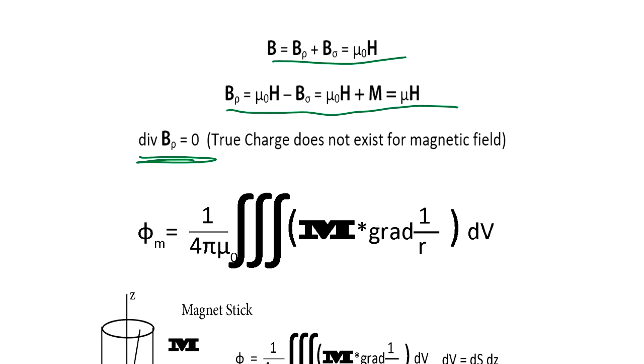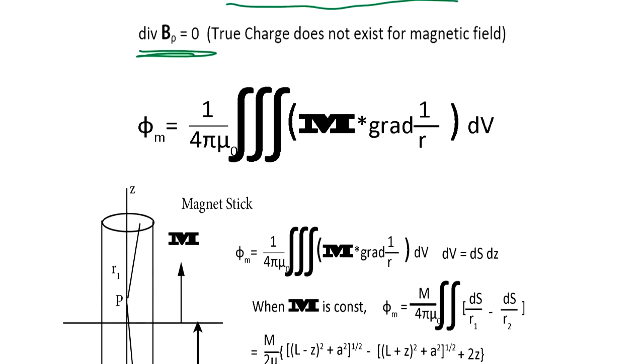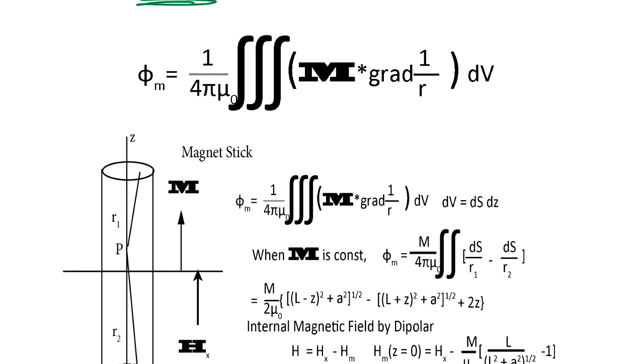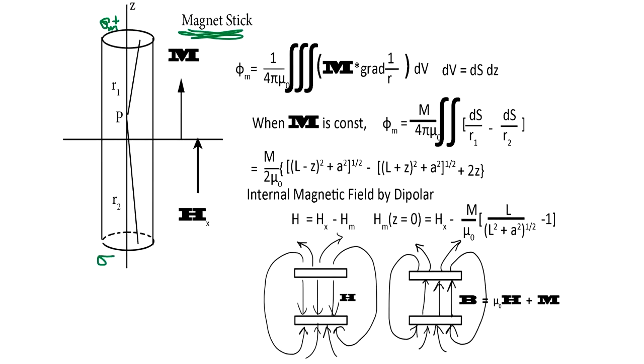So everything you see here is from the magnetic dipole charge. This is surface, and exactly the same argument applies here. It goes through the same equation. Then H becomes this.